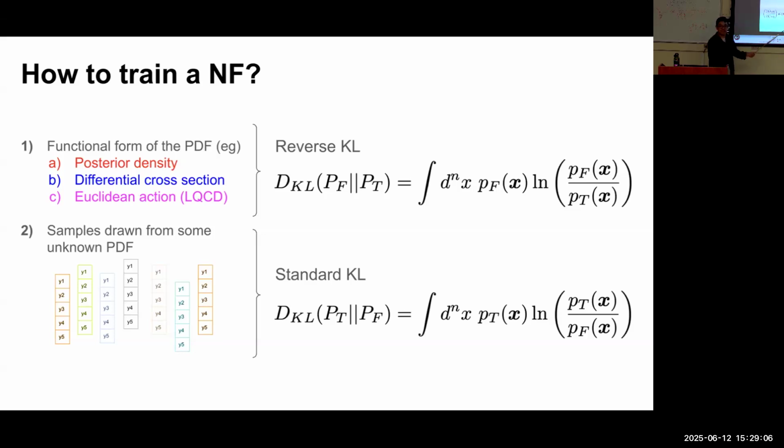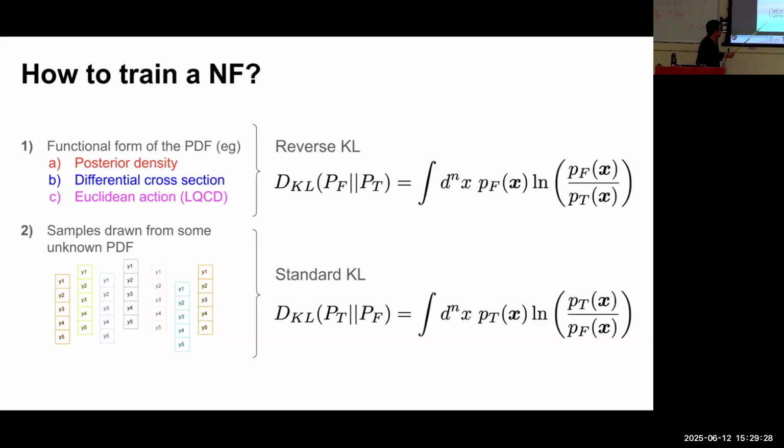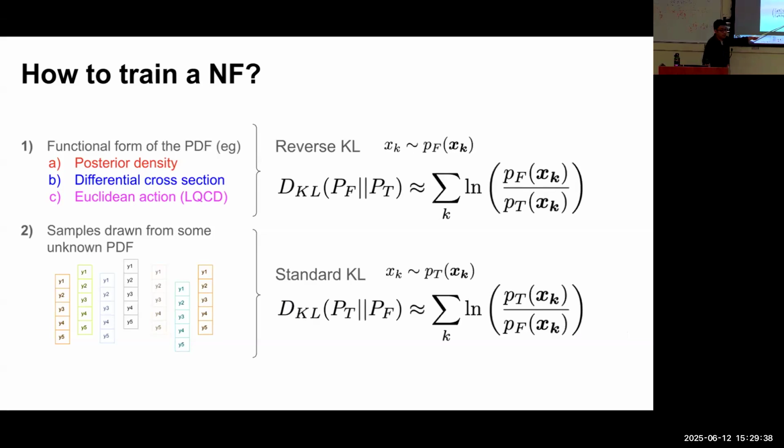Thankfully, I have this P here because I can apply Monte Carlo methods to integrate this function. All you have to do is sample from the true distribution and then evaluate that weighted integral as this. If I sample a vector x from this PT, I can approximate that integral just as this ordinary sum.